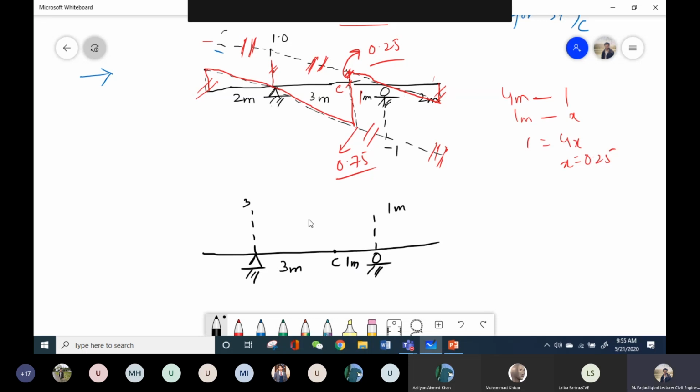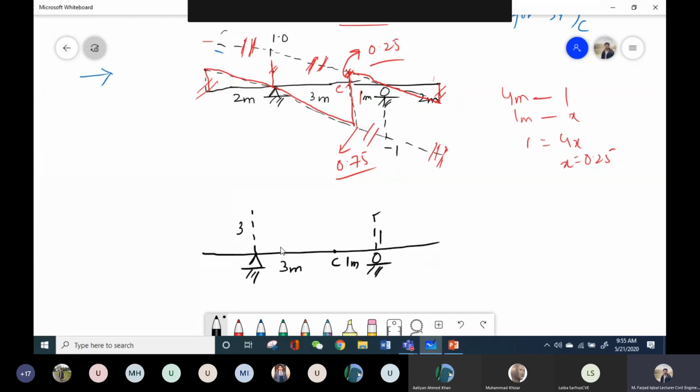Then you will plot two intersecting lines which will pass through the supports. Let me show you how. This is 1 and this is 3.